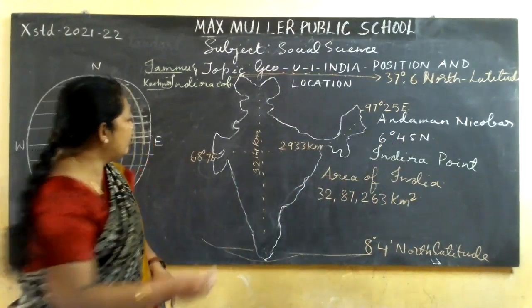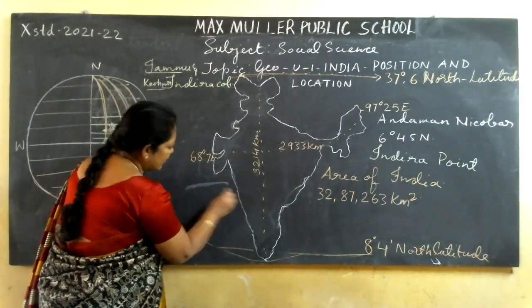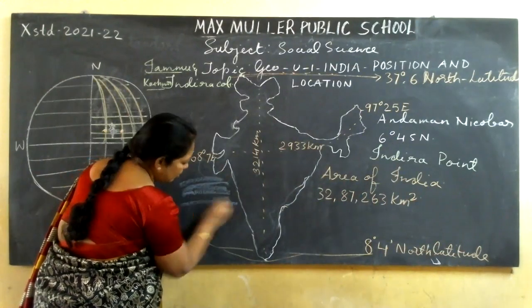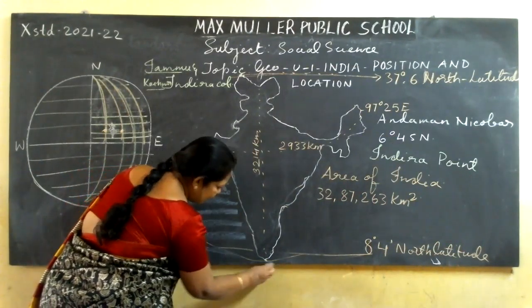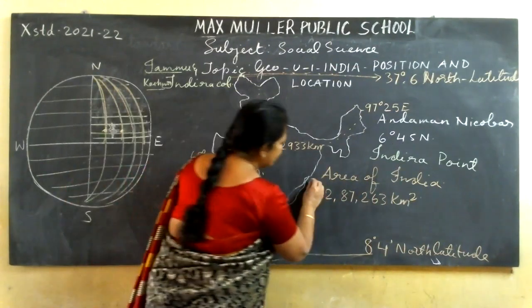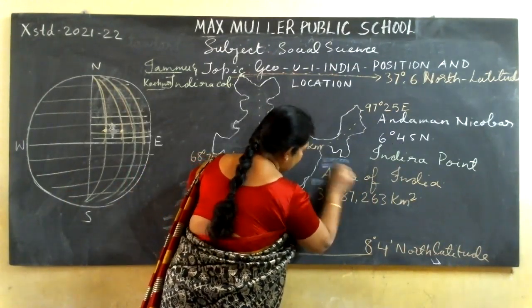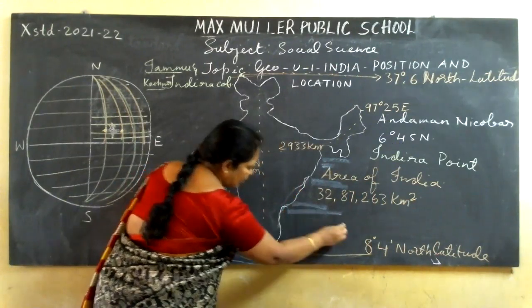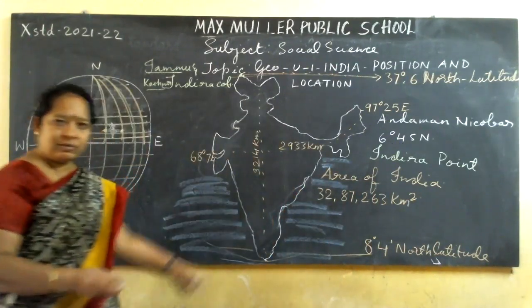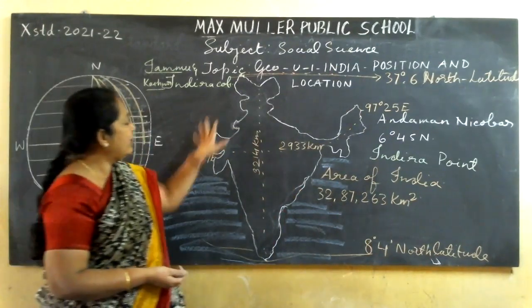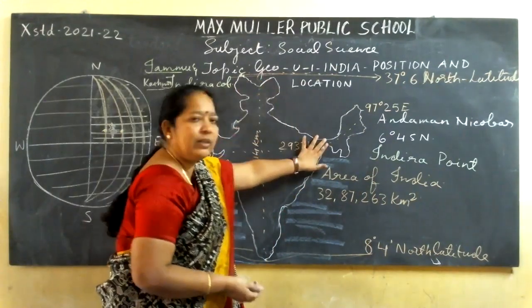See, we have towards here the sea, isn't it? This Arabian Sea, Indian Ocean, and on this side we have the Bay of Bengal. So with these coasts, we have land frontier in the north.